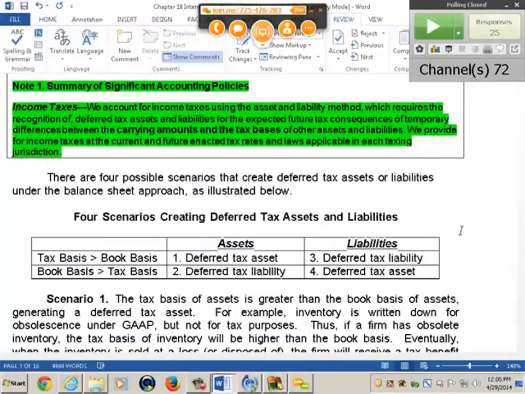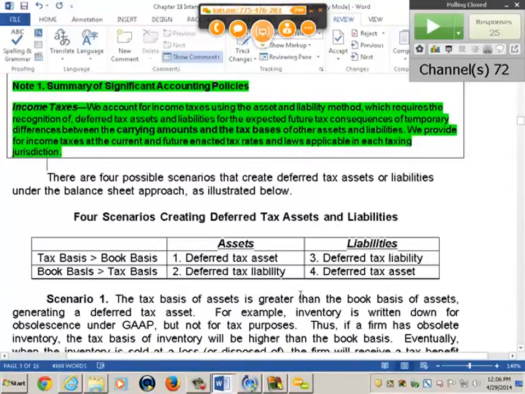As I said, it depends, and my objective is to make sure you understand this as well as you can. Exam-wise, you could always look at a problem and get it right, but these scenarios will help you understand the interpretation of the basis difference. And I've got some examples in there. I think if you read it once, a couple of times, it's going to make it a little bit easier to understand the basis approach.